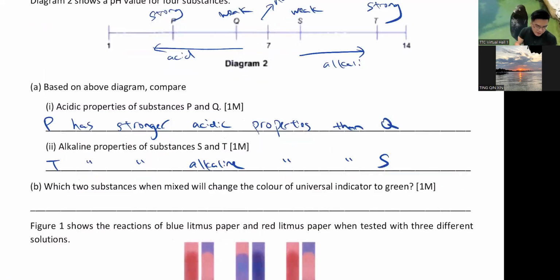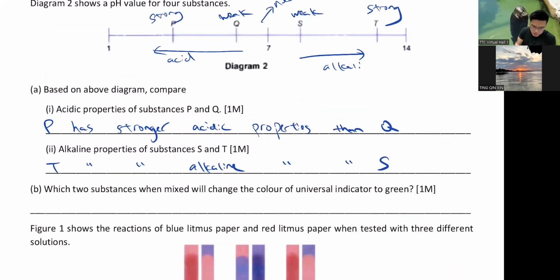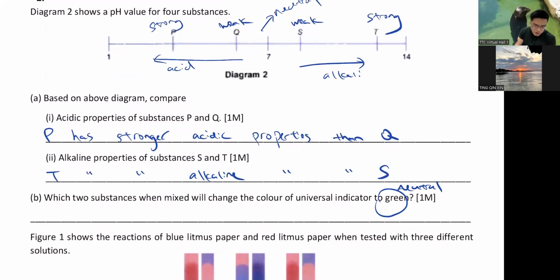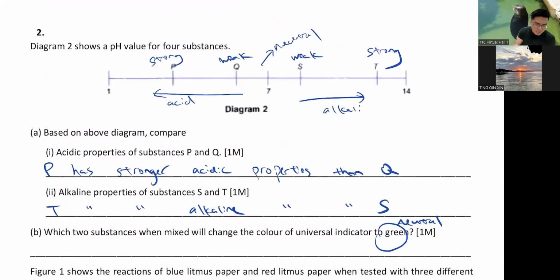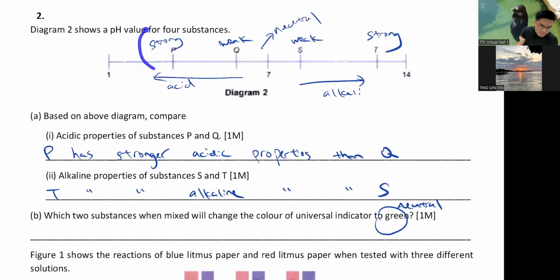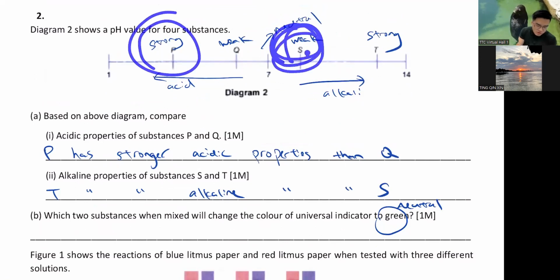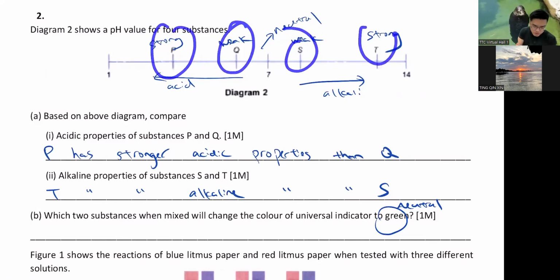Alright, anyway, B: which two substance when mixed will change the color of universal indicator to green? Green 就是 neutral 咯。OK, so 谁加谁会是 neutral? Of course 如果你用 weak acid, if you have a weak acid you need to use weak alkaline to neutralize it。弱酸用弱碱中和，强酸就用强碱咯。OK, 如果你拿强酸跟弱碱，this thing is not strong enough to neutralize the strong acid, so both needs to be equal, both needs to be strong.